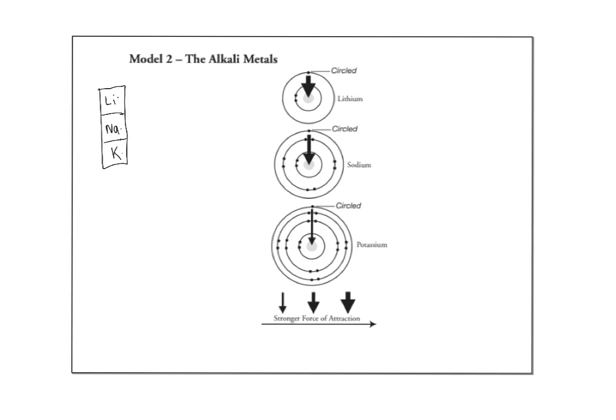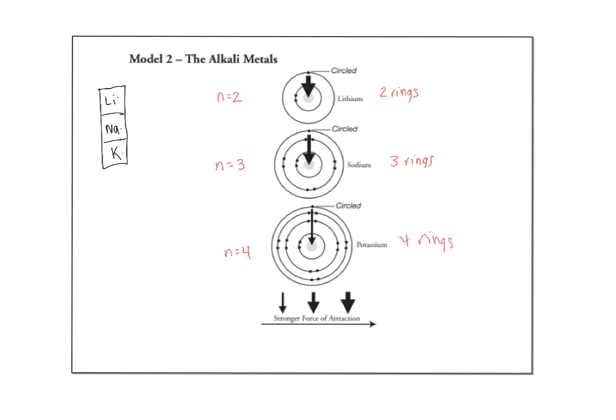Lithium has a quantum number of 2, which basically means for our sake that there are 2 rings, right? So there are 2 rings for lithium. For sodium, it has a quantum number of 3, which means for our sake 3 rings, 1, 2, 3. And potassium has a quantum number of 4, which means it has 4 rings.